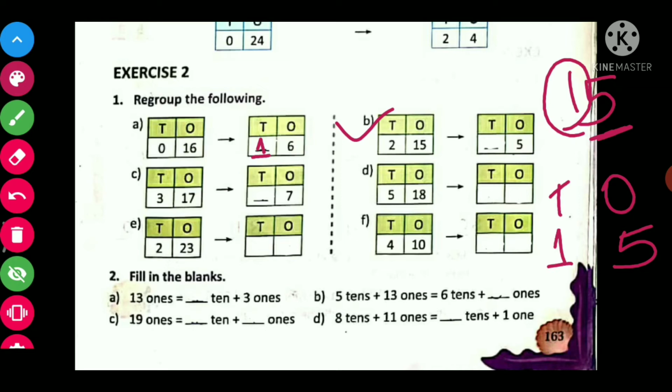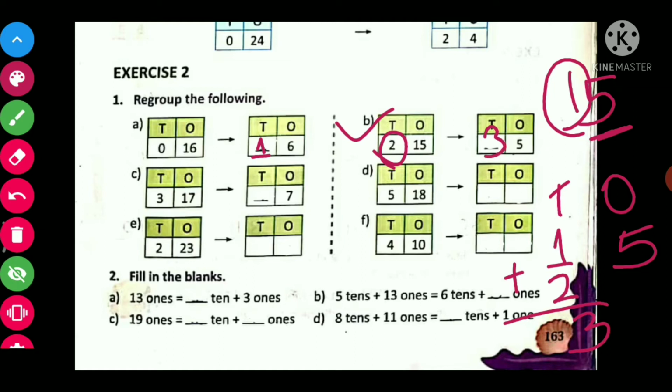But we know that in tens place already 2 is there, so we'll add 2 with that number. It will become 3. So our answer will be 35. That means 3 and 5 will be placed in tens and ones place. Here we will write 3.